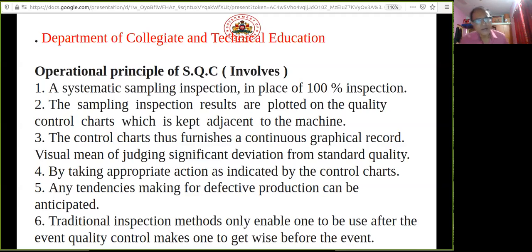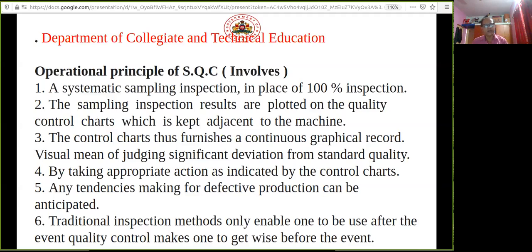The second point here is that the sampling inspection results are plotted on the quality control charts, which are kept adjacent to the machine. So here in the sample inspections, by collecting the data, the results, that is the statistical quality control data, are plotted on the quality control charts.